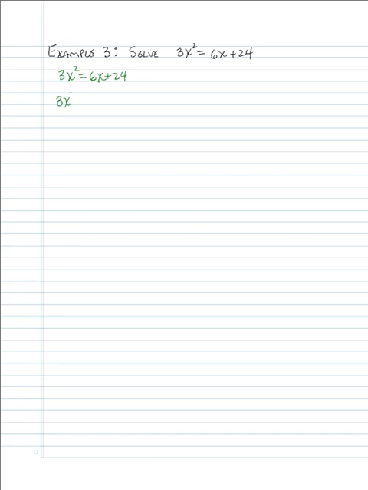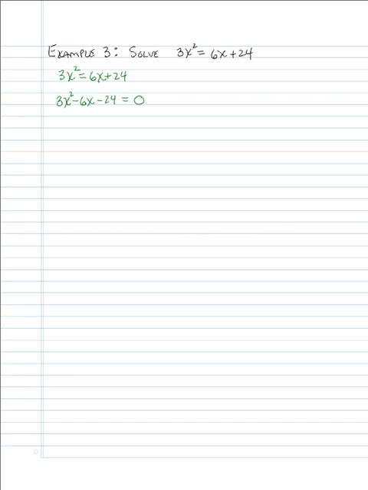So, of course, when I subtract 6x on both sides, when I subtract it on the left, it becomes minus 6x, and when I subtract 24 on the left, it becomes minus 24. And of course, when I subtract both of those on the right side, I end up with 0. That's the reason I did it.